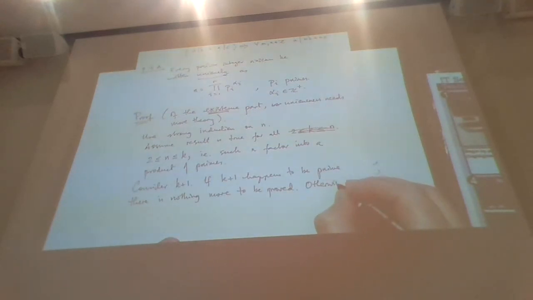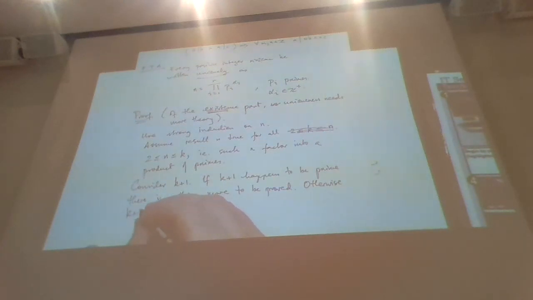So otherwise, k plus 1 is composite, hence it can be written as k plus 1 equals r times s.